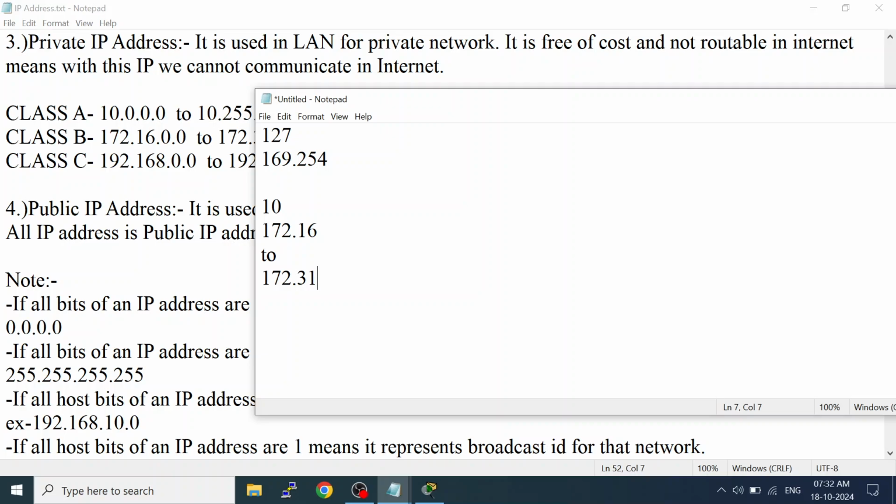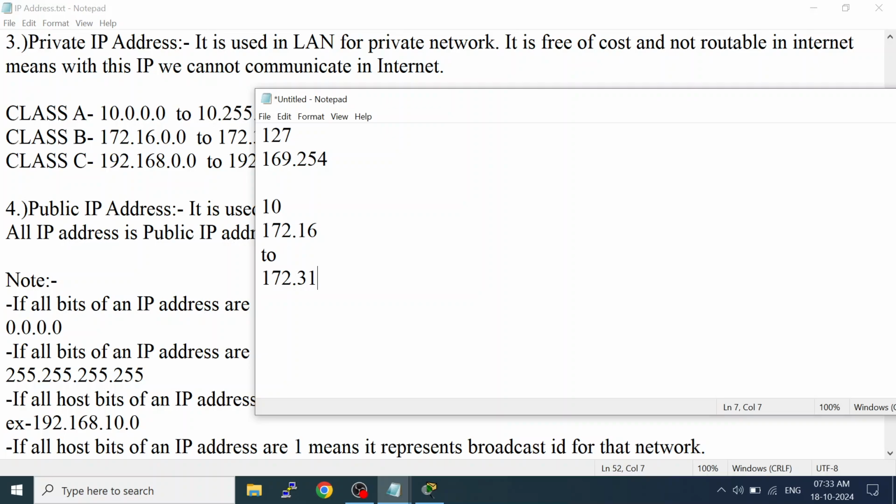It means IANA has given 16 networks I can create as private of class B. For class A, I can create only one network, 10. In class B, I can create networks 172.16, 172.17, 18, 19, and so on till 31. So total networks, how many can we create in class B? 16 private networks.